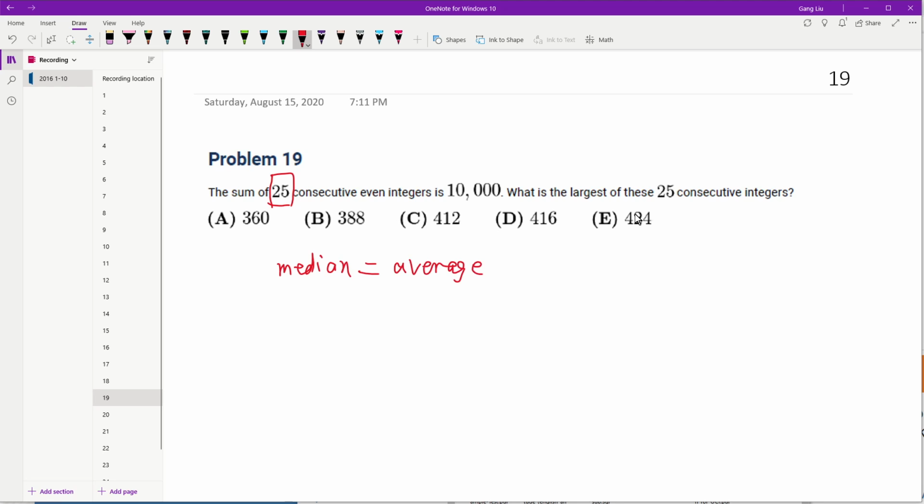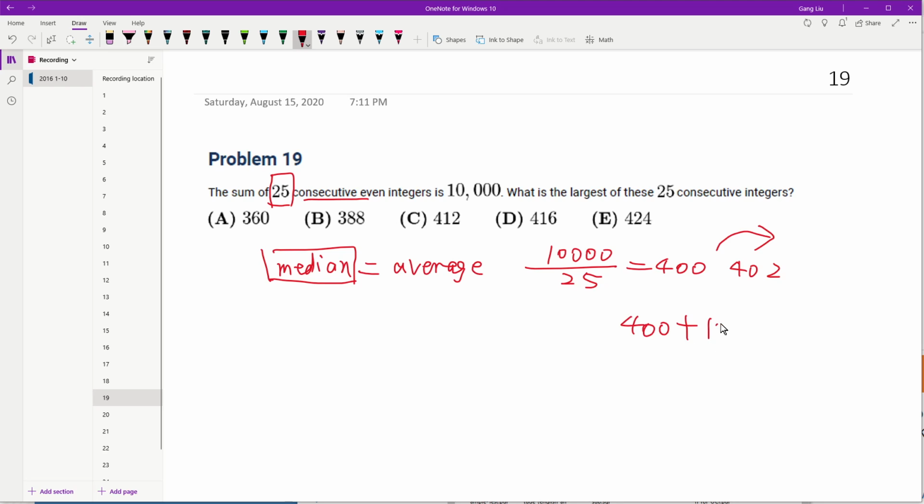And so we can find the median by dividing 10,000 by 25 equals 400. So the middle number is 400, and it's consecutive even, so the next one is 402, and we will count up 12 of them. So 400 plus 12 multiplied by 2 equals 424.